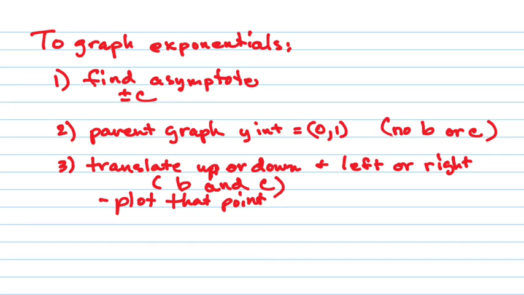So why do you define the parent graph first? Well, because you can count that point from the y-intercept. So you're not plotting the parent graph. You're just thinking of that one specific point on the parent graph. It's always 0, 1, right? And that 0, 1 is going to tell you where you're going to move from.